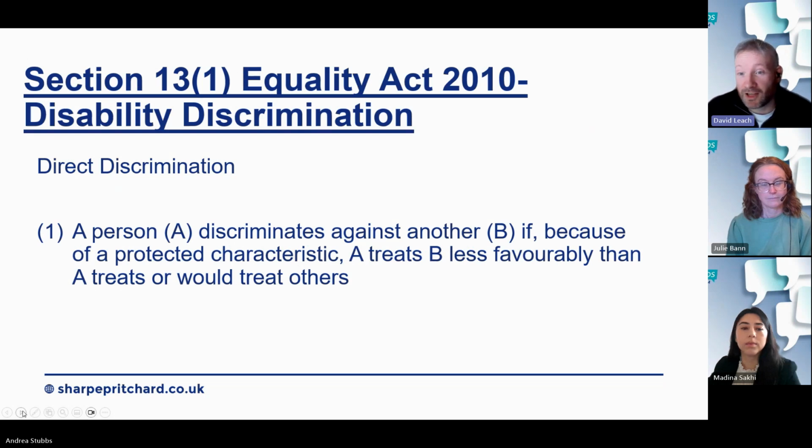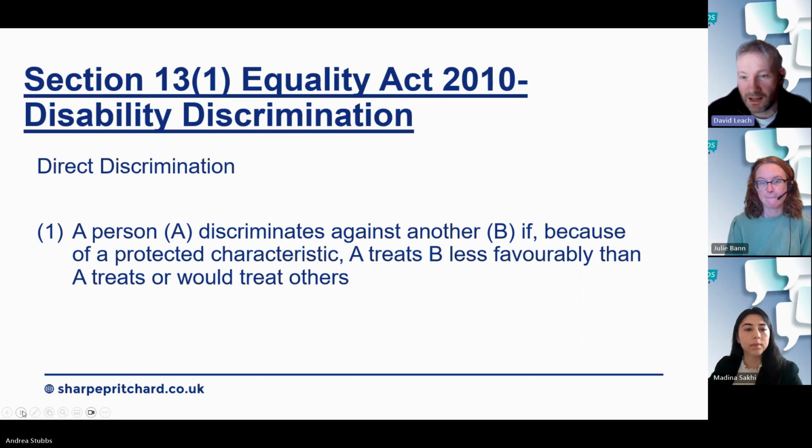So what is direct discrimination? Well, that is when a person A does something against person B because of a protected characteristic and treats them less favourably than they would treat others who don't have that protected characteristic. So the key point there is it's a direct action by one person to another, and also it's because of a protected characteristic. And I think that is probably the key point to really look at when it comes to discrimination: it's because of that protected characteristic.